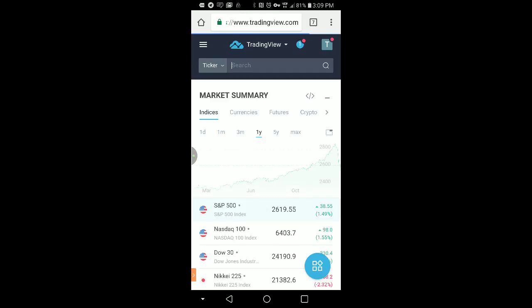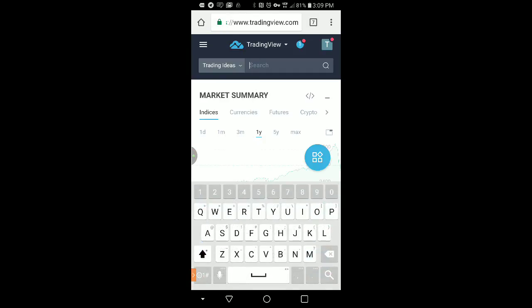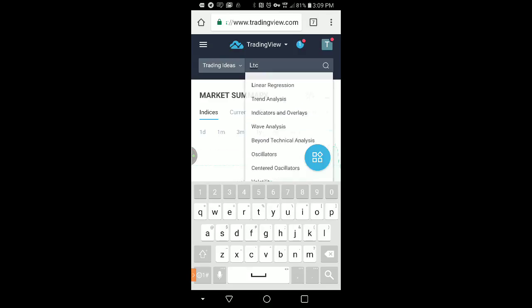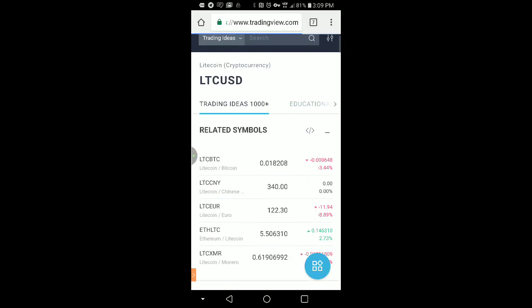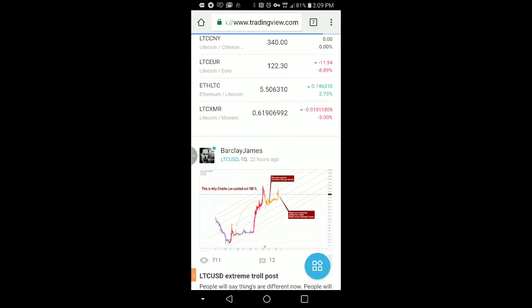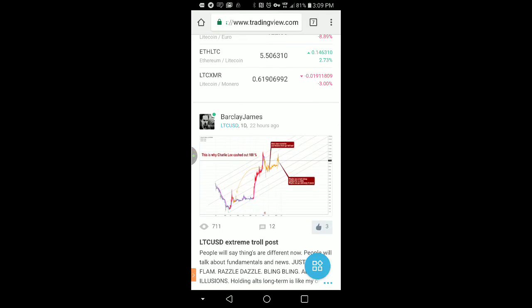So we're going to go up here to ticker, click on trading ideas, and type in LTC USD. And we'll get all kinds of trading ideas. This is on a daily chart.